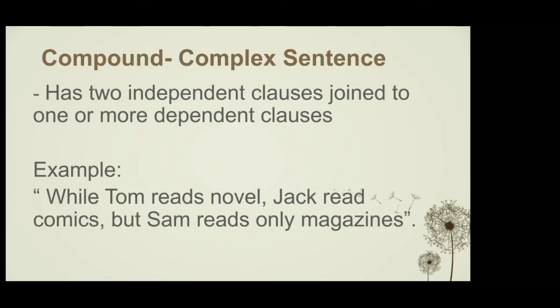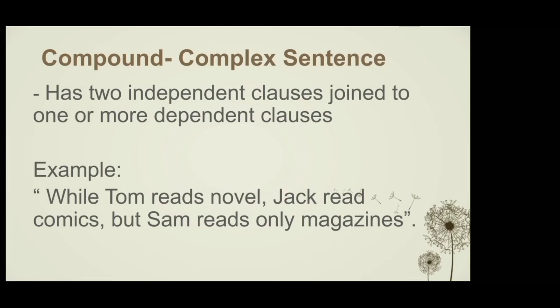Last is the compound-complex sentence. This type of sentence has two independent clauses joined to one or more dependent clauses. For example, while Tom reads novels, Jack reads comics, but Sam reads only magazines. Based on this example, there are two independent clauses and one dependent clause.